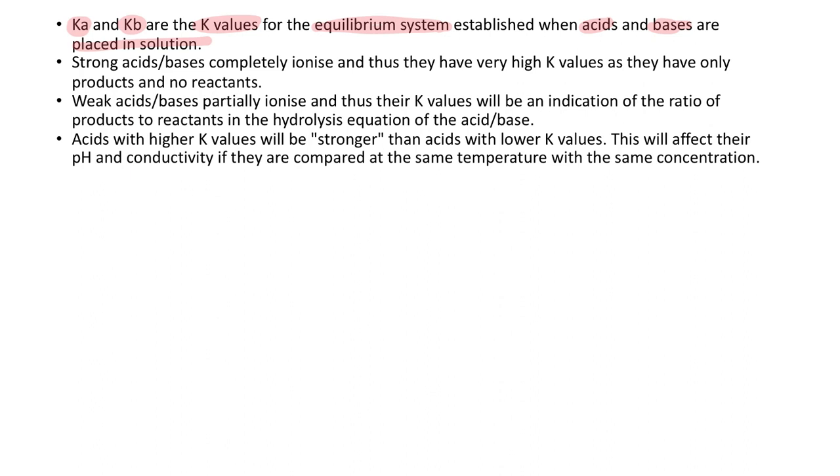Right, so strong acids and bases, remember, they completely ionize. Thus, they have very high K values, and they only have products and no reactants. For example, if I have HCl plus H2O as a single arrow forming H3O+ plus Cl-, this is aqueous, this is liquid.